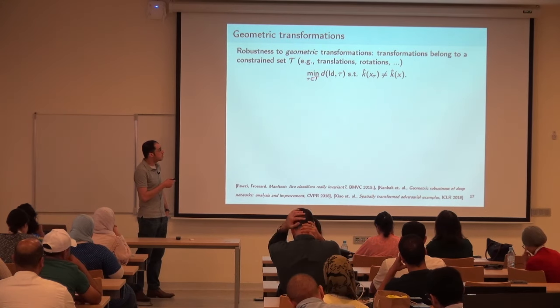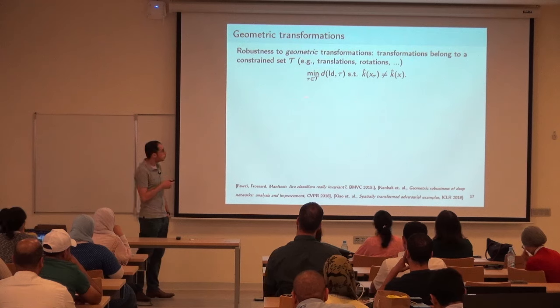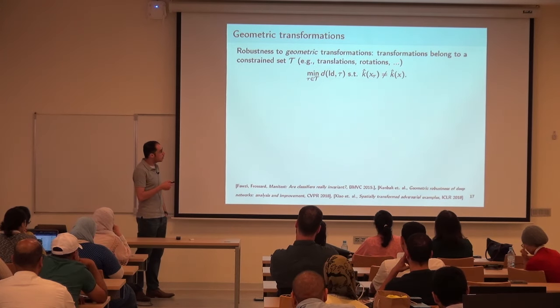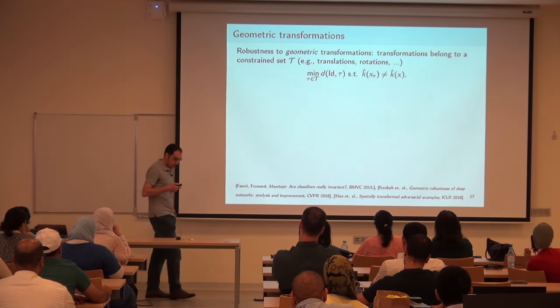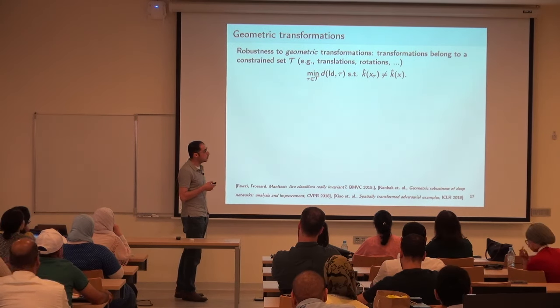So here, for example, let's say big T is the set of affine transformations. What you're trying to find is the minimum transformation from the identity transformation to tau, in such a way that the classifier evaluated at x tau, when you apply the transformation tau to x, is different from the classifier evaluated at x.